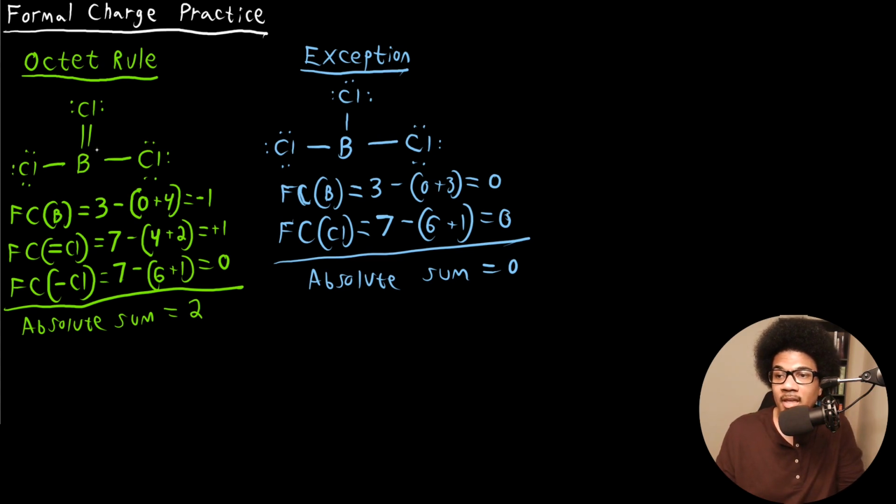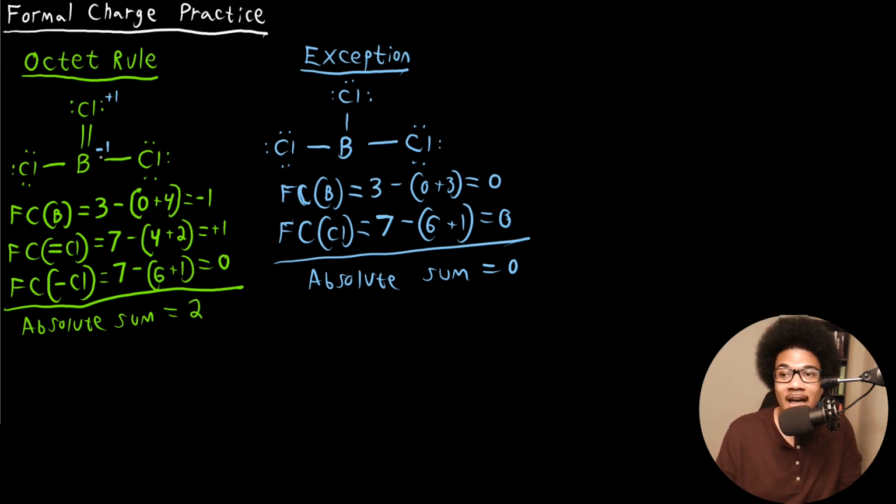Whereas in this case, you got -1 on the boron here, +1 on the chlorine. So this is what I alluded to in the video where I was explaining the incomplete octet. You create this formal charge at the boron and the chlorine, which really flies in the face of electronegativity. You want those negative formal charges to be on the most electronegative atom.